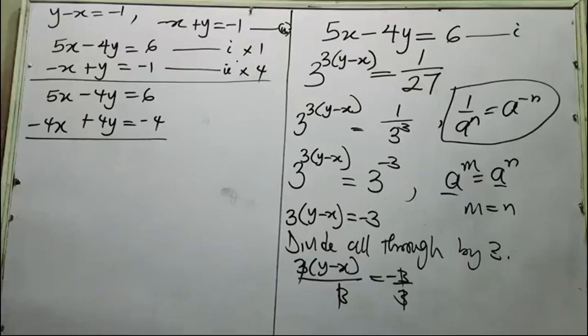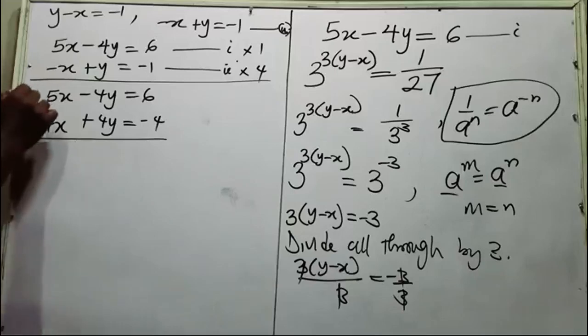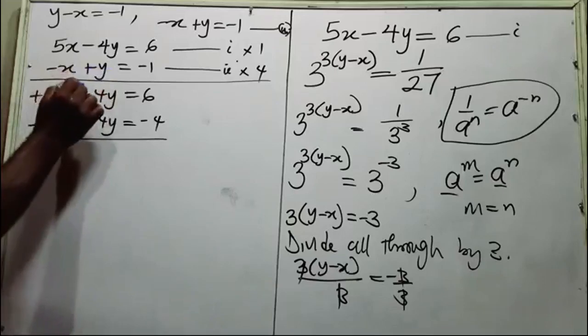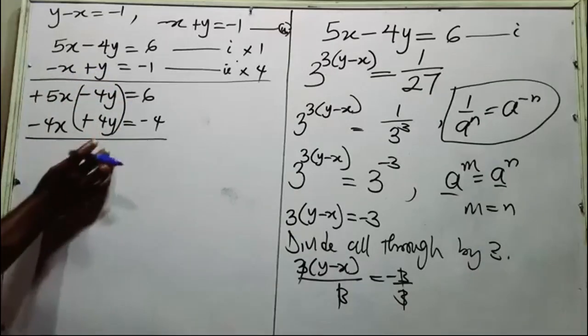You firstly have to consider the equations and how they look, because you also have to consider the signs. The signs really matter. You are able to see that 5x minus 4y is equal to 6, and minus 4x plus 4y is equal to minus 4. There is a plus here, so if we add this together, it will turn to 0.